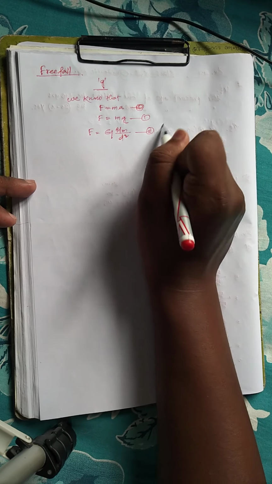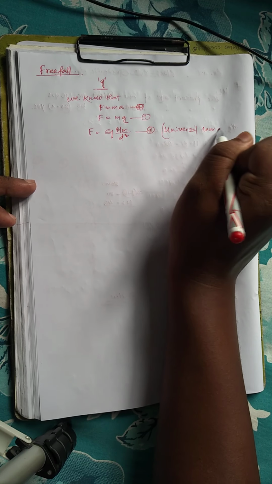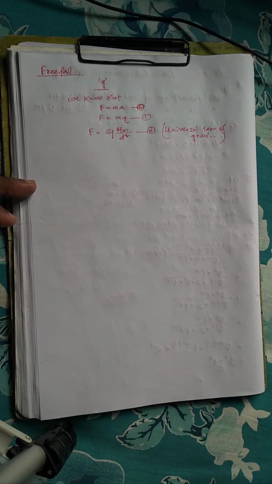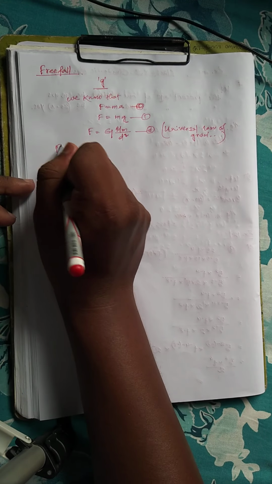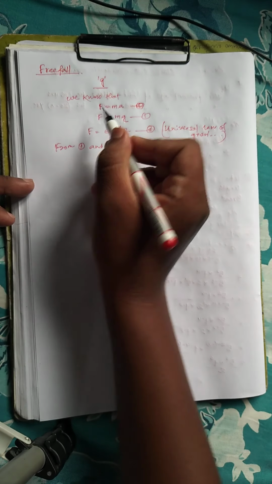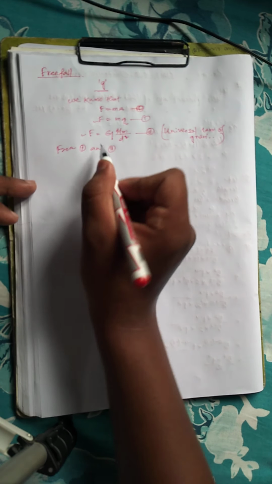So this one is from the universal law of gravitation. Now from 1 and 2, we got F equal to mg, and in the second equation F equal to G Mm by d square.